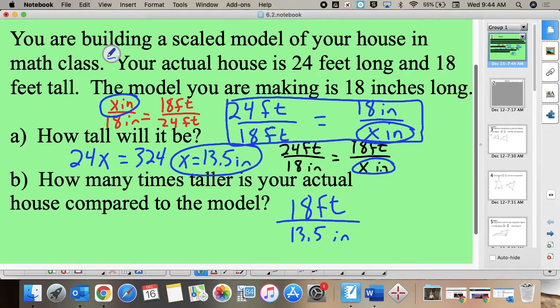Here's where we do need to convert. 18 feet is actually 216 inches. So our conversion then, we do 216 divided by 13.5, and we find out it is 16 times taller.